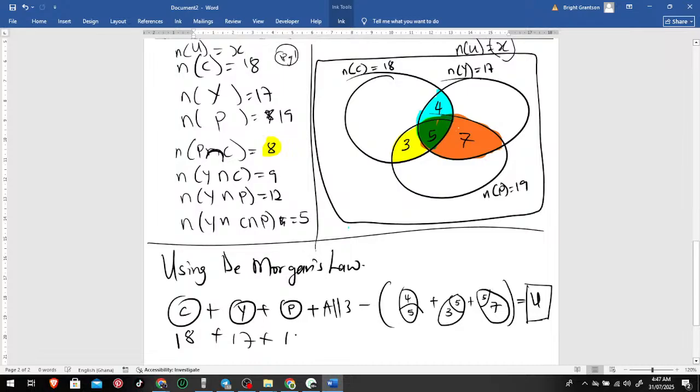P is 19. Plus all the 3 regions, which is the 5, minus, now add these ones: 4 plus 5 is 9, plus 3 plus 5 is 8, plus 5 plus 7 is 12, equals the universal set. So solve for X.